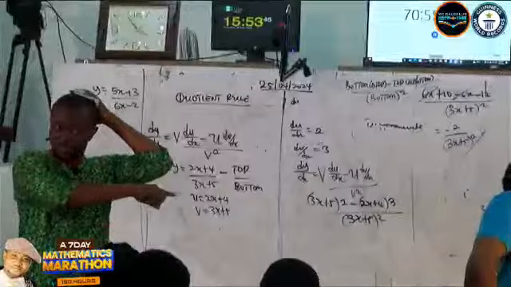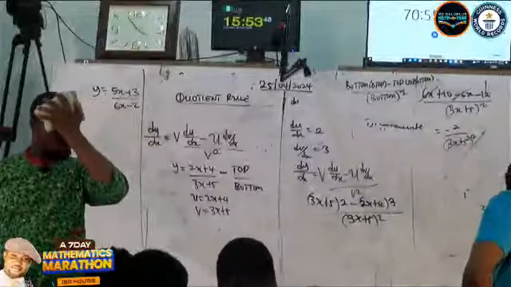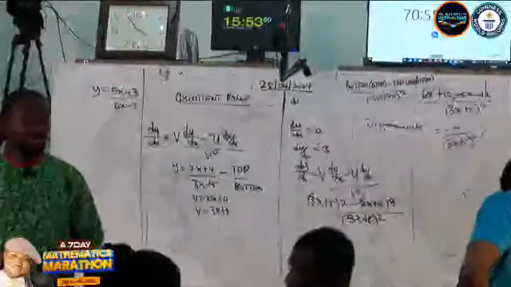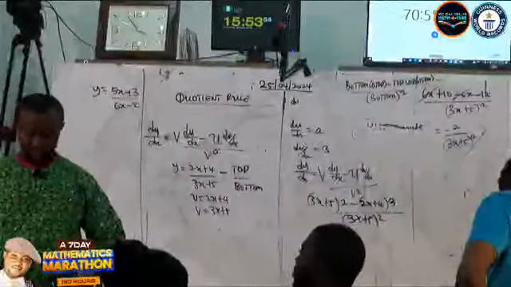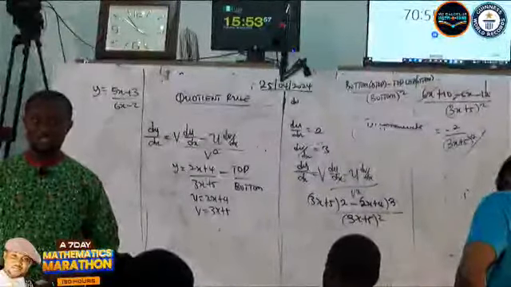Have you finished? I want you to solve this one for me. 6x minus 2. Have you finished? Okay, you don't have a problem for this one.